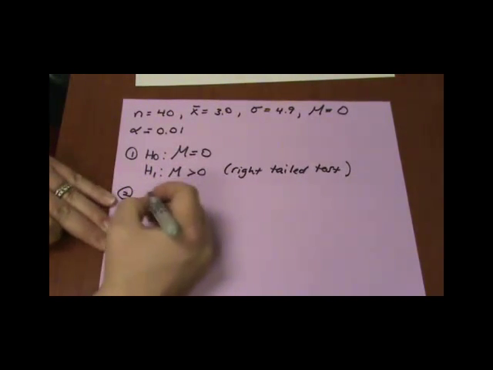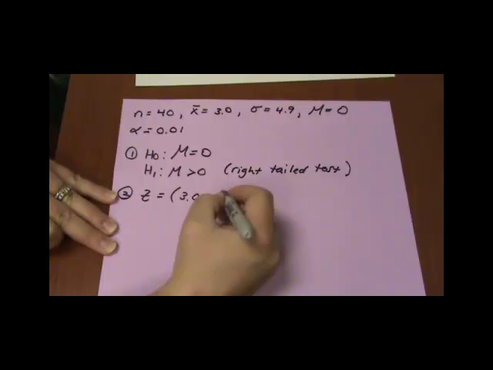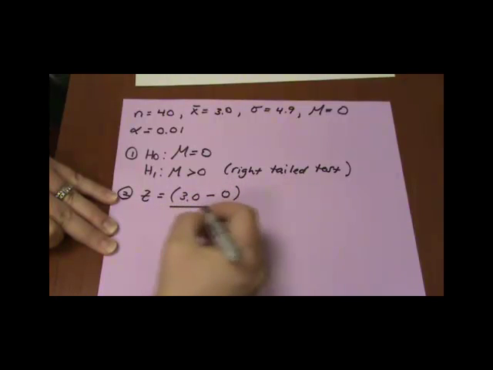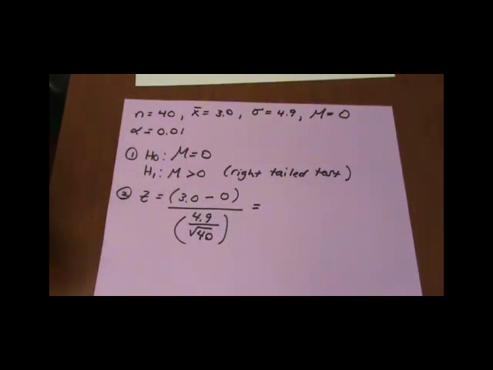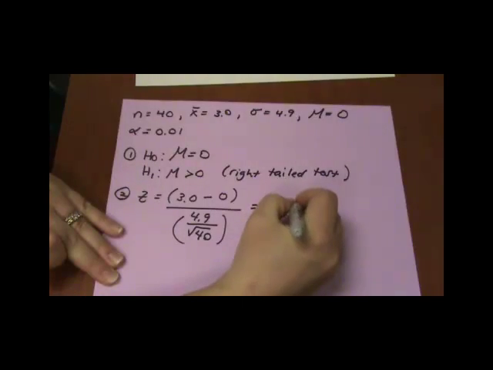Step 2, calculate your test statistic. Same thing as we did before. It's the sample mean minus the population mean over the standard deviation over the square root of the sample size. Alright, so I'm going to get 3.87.